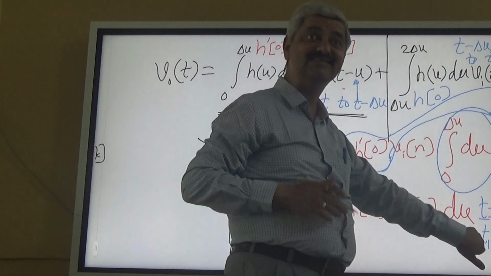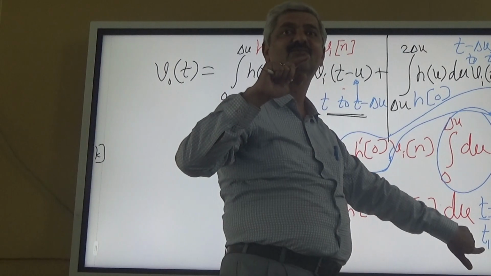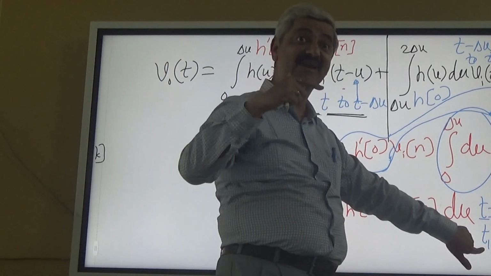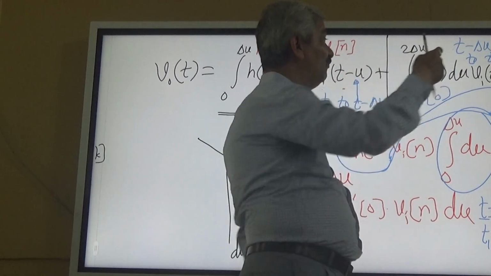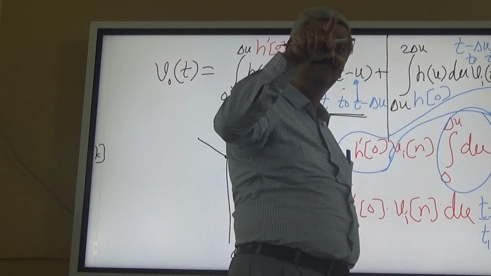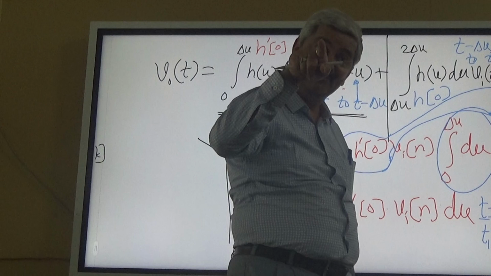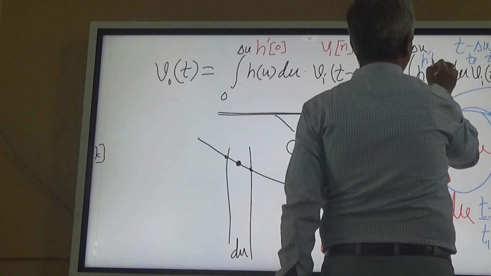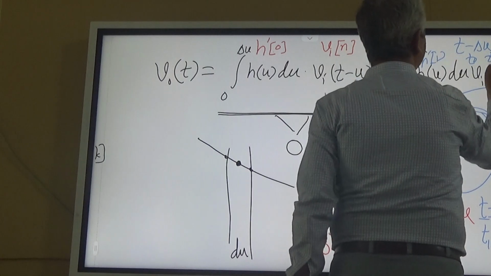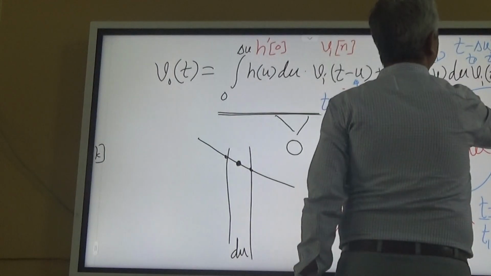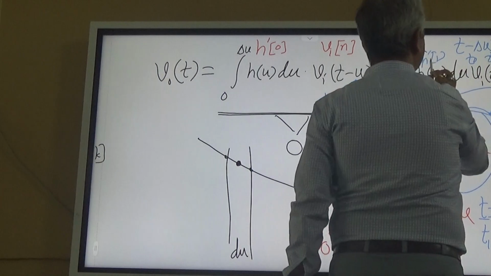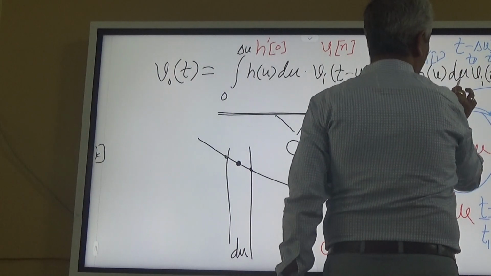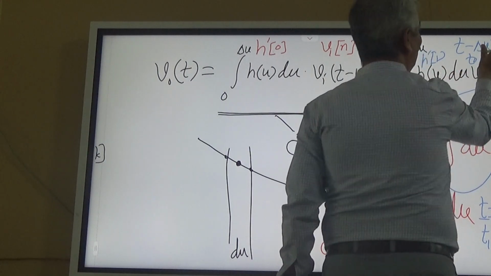So what is t1? t1 is t minus delta u. So v in (n minus 1). This is h dash 1. This is v in (n minus 1). H dash 1 delta u is h1, v in (n minus 1).